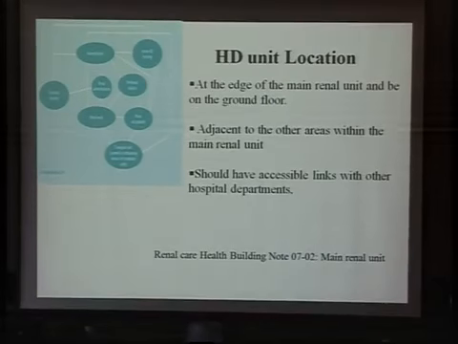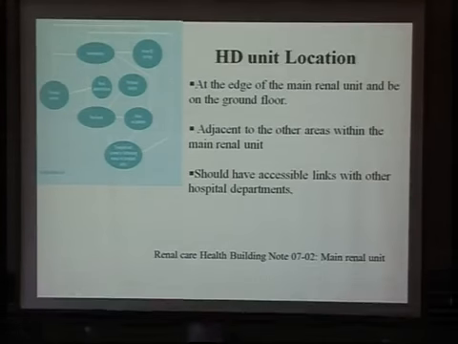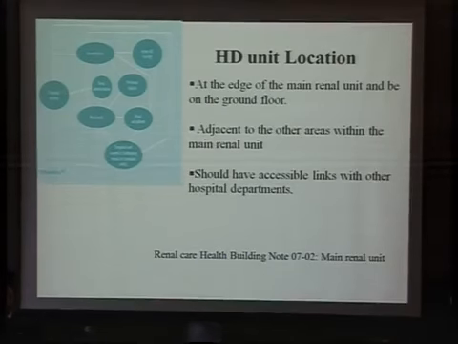The location of the unit should be at the edge of the neonatal unit, adjacent to other areas within the renal unit, and easily accessible to other departments like radiology, laboratory medicine, gynecology. Why? What do you think, that he will be closer to all these points?